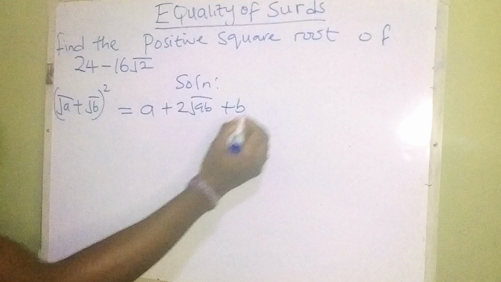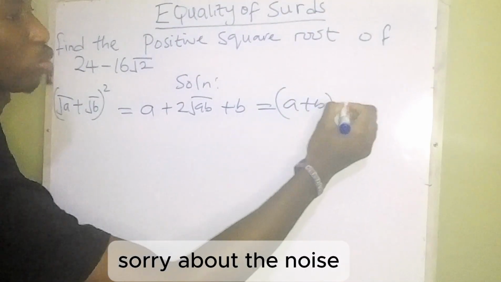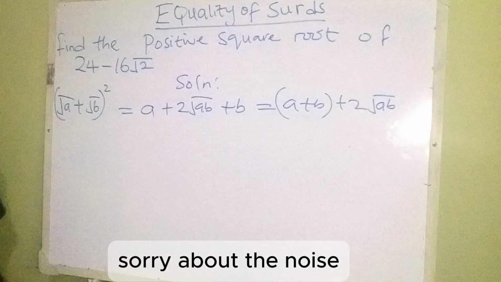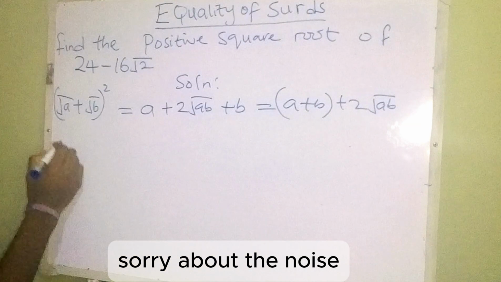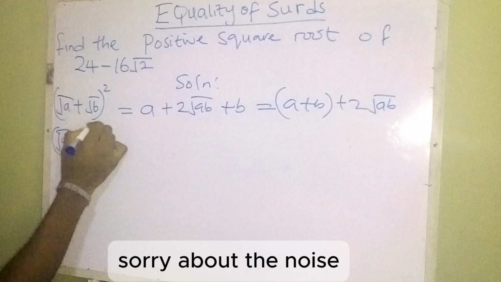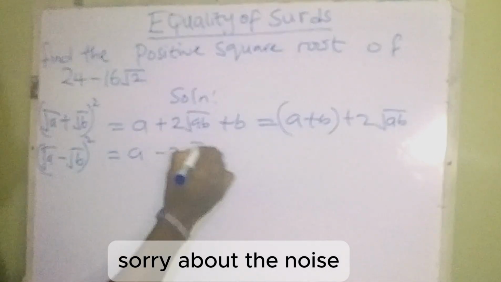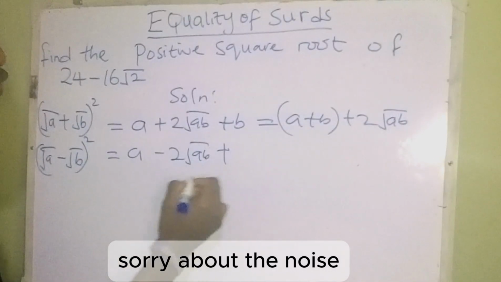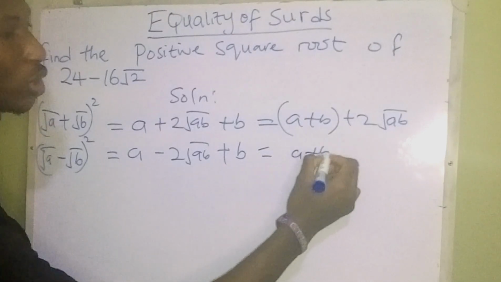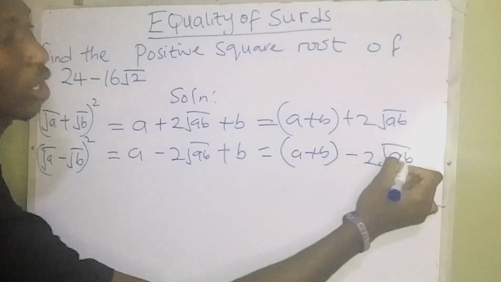So finally, I can write this as a plus b plus 2 square root of ab. Now, I can do square root of a minus square root of b all squared, which will give me a minus 2 square root of ab plus b. Now, this will be equal to a plus b minus 2 square root of ab.